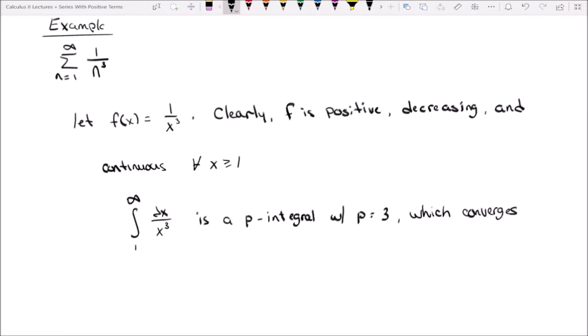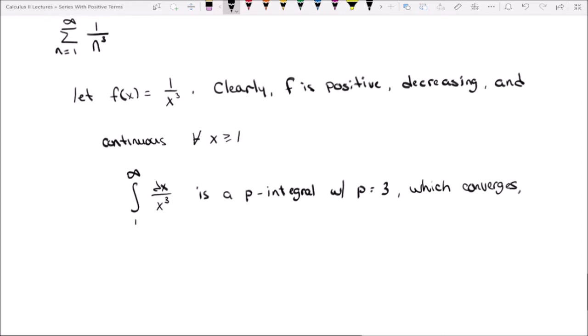Right, which converges. We don't care what it's converging to. All we care about is that it does converge. So what we can conclude is that this series converges by the integral test.